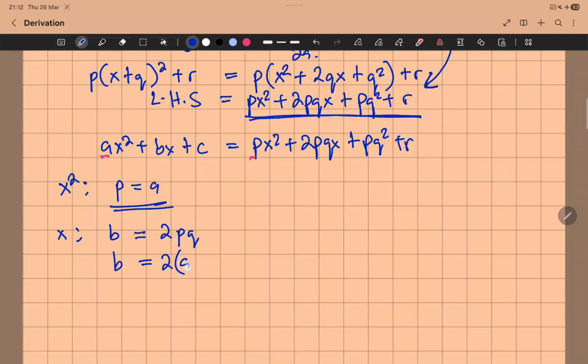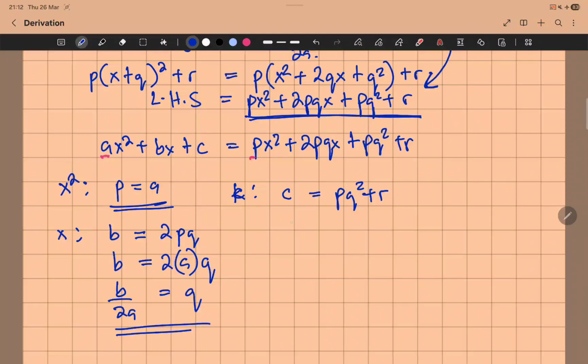Since we know the value of p in terms of a, we want to solve for q. So q becomes b over 2a. Then we also want to solve for the constants. On the left-hand side, the constant is c, which is equal to the right-hand side constant, p q squared plus r.